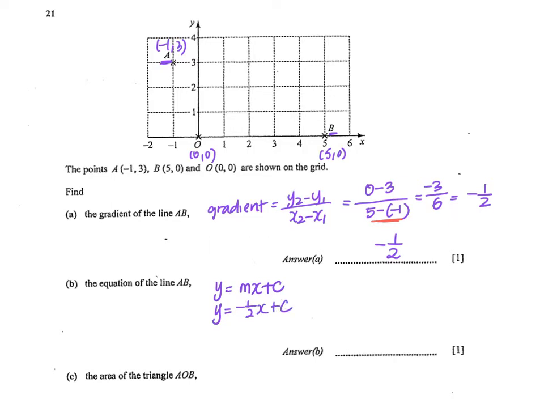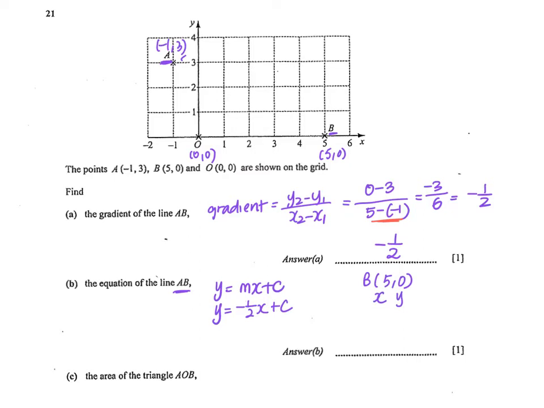How do I find c? We have 3 points over here, A, B, and O. Which point do I use? Now take note, this is the line AB, so I can either choose point A or point B. So probably I'll choose point B. B is given to be (5, 0). So 5 is the value for x, 0 is the value for y.